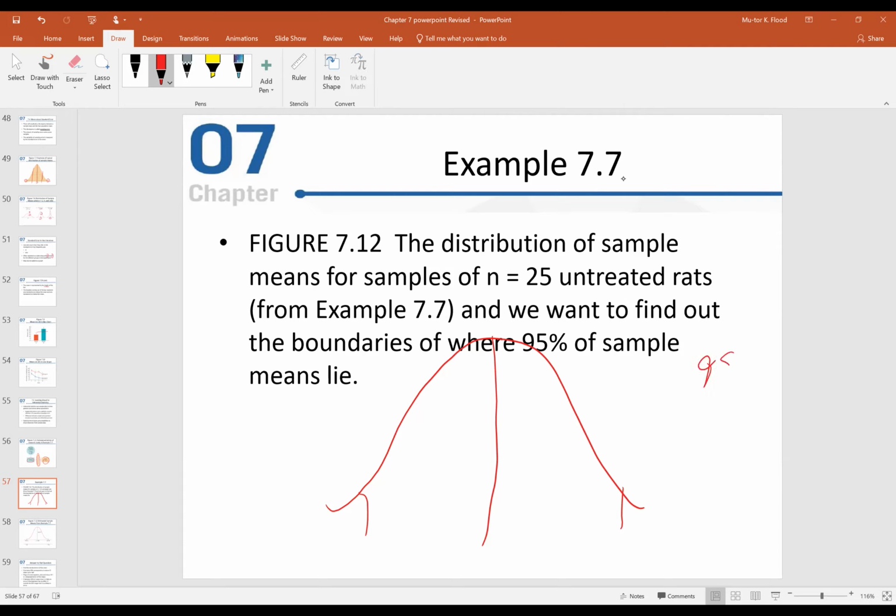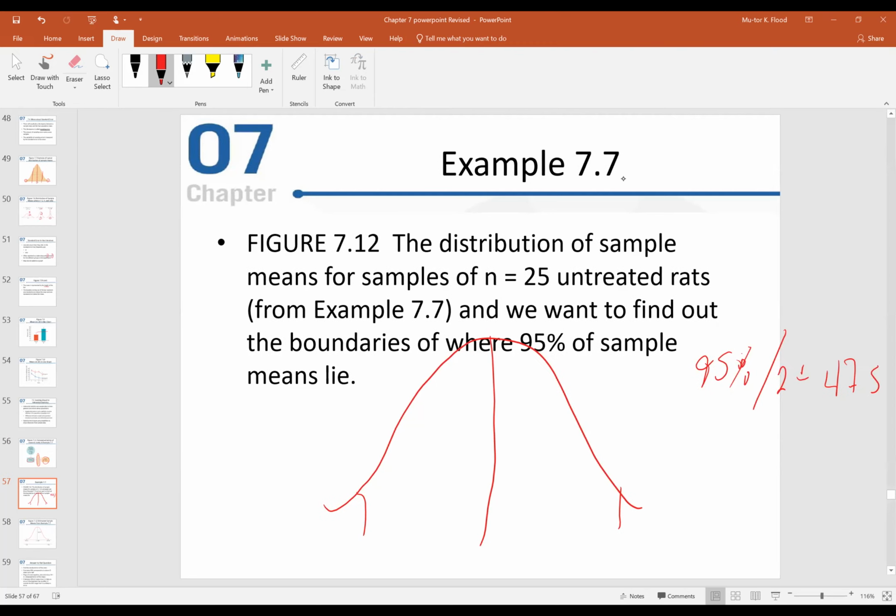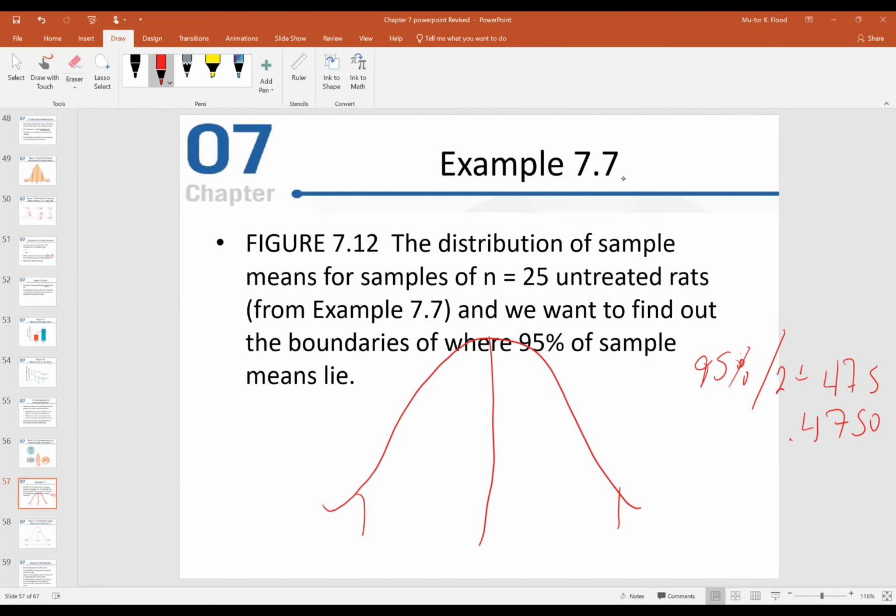So 95% divided by 2 gives us 47.5%, which is equivalent to 0.4750 as a proportion.